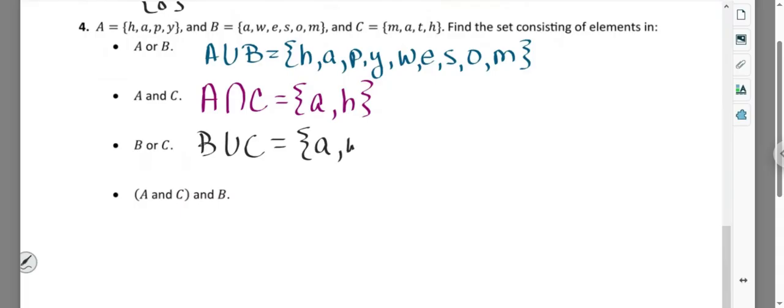So A, W, E, S, O, M. The only 2 letters not included in that set that we need to add are T and H. A and M are already there.